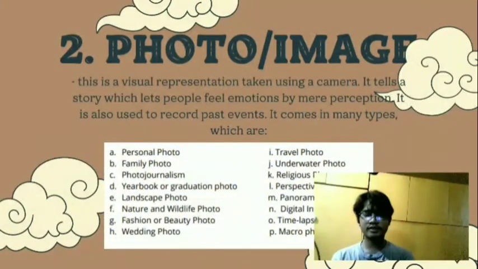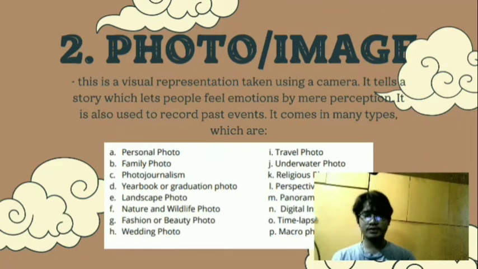Number two is photo or image. This is a visual representation taken using a camera. Photo or image are captured by the photographers. It has a story which lets people feel emotions by mere perception. For example, when you take a picture of a dog that is sad and hungry, of course you will feel sad too because as soon as you see the picture, it is sad.